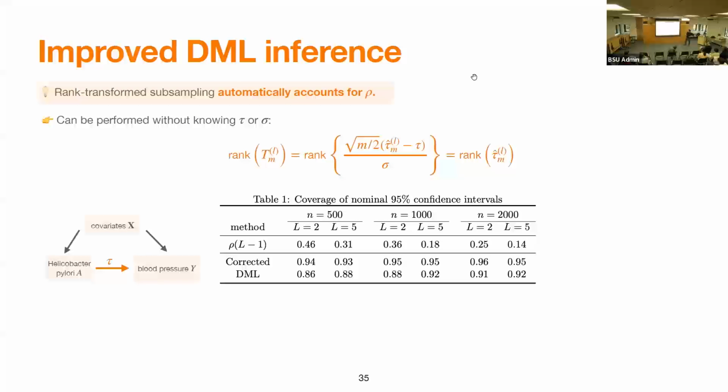using the rank transform. So here is just to illustrate with a simulation mimicking Bill's application. N is the sample size and L is the number of splits, either 2-fold crossfit or 5-fold crossfit. And the nominal coverage should be 95.